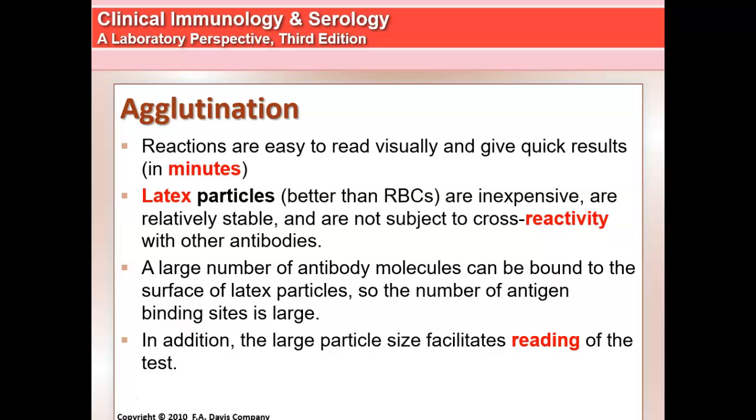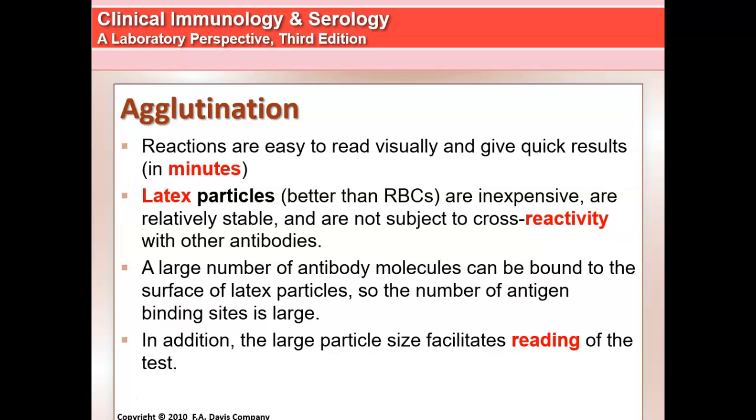Reactions are easy to read visually and give quick results in minutes. Latex particles are better than red blood cells. They are inexpensive and relatively stable. They are not subject to cross-reactivity with other antibodies, and a large number of antibody molecules can be bound to the surface of latex particles.